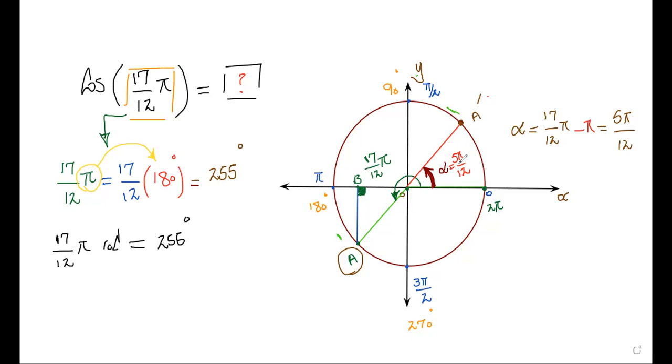We localize it back at the first quadrant. And now the angle is instead of. And you see this? You broke the angle from 17 over 12 pi. You smashed it, and now you transformed it into 5 pi over 12. And that's the thing which we have done so far.